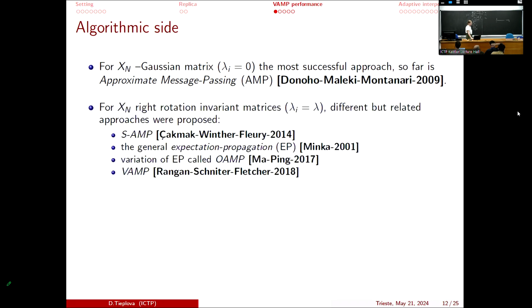And for the case when all the lambdas are the same but not 0, this algorithm was modified in different ways, depending on the prior and so on. One of the easiest to implement and best algorithms, in our opinion, was the so-called vector approximate message passing algorithm.